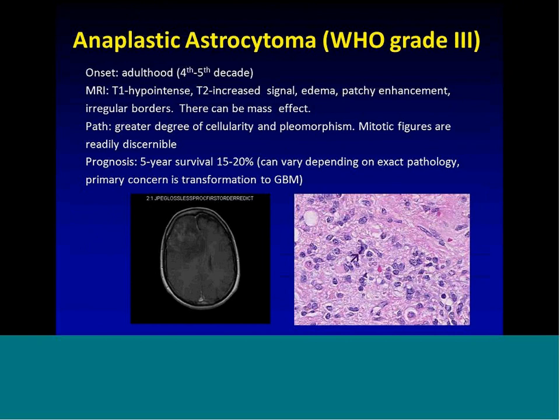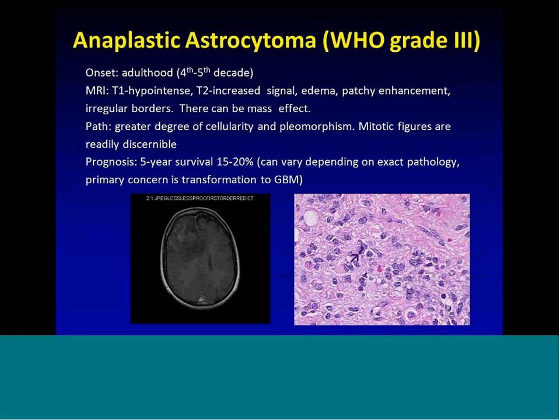And this is the higher grade tumor that they can transform to. So this is an anaplastic astrocytoma. This is grade 3. It occurs a little bit later in life. And on MRI imaging, it doesn't have that central necrosis. You'll see patchy enhancement. Now when you go to the pathology, we still have that pleomorphic population, and you'll start to see mitoses.